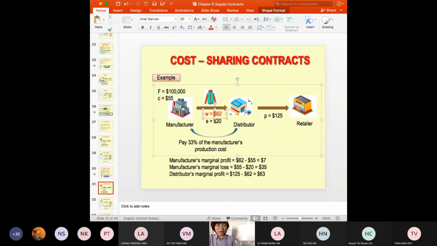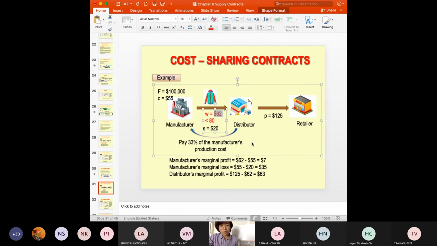Actually, they sell the product at $80. But right now they just sell at 62. That is the wholesale price. They just offer $62.